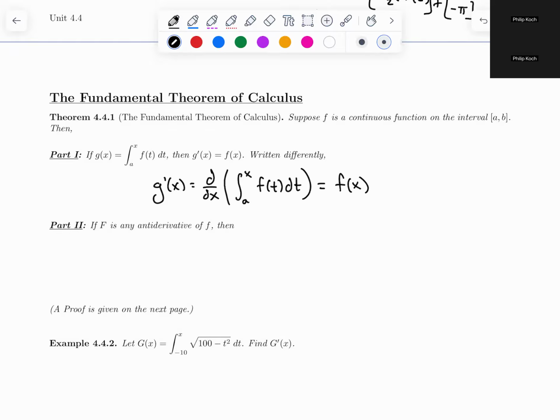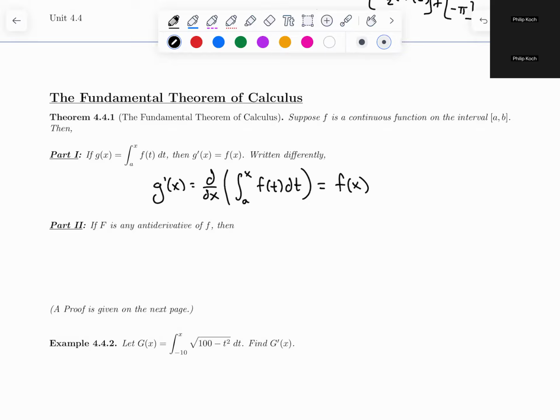The big deal here, this was the thing that was plaguing mathematicians for a long time. This verifies that integration and differentiation are inverse operations of each other. Just like multiplication and division are inverse operations, just like addition and subtraction are inverse operations of each other, just like logarithms and exponentials are inverse operations of each other.